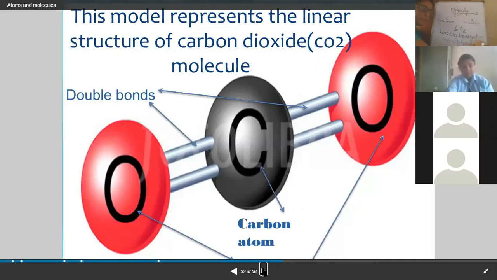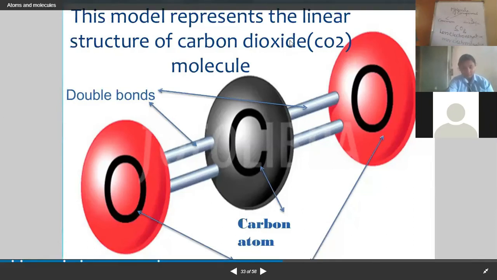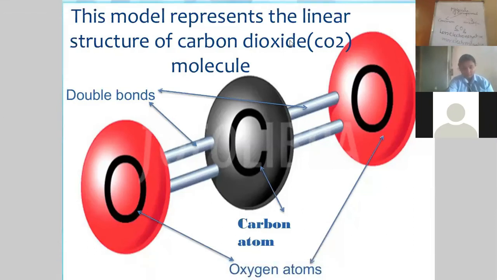Electronegativity, as I've told you, is the ability of an atom to attract the shared pair of electrons towards itself. Okay. So this has to be kept in consideration while naming the molecule of a compound.